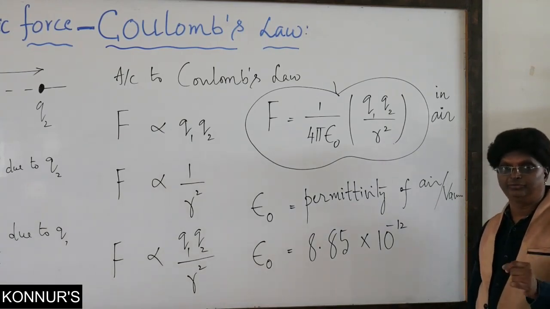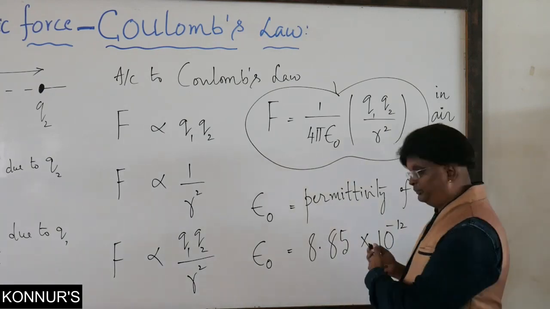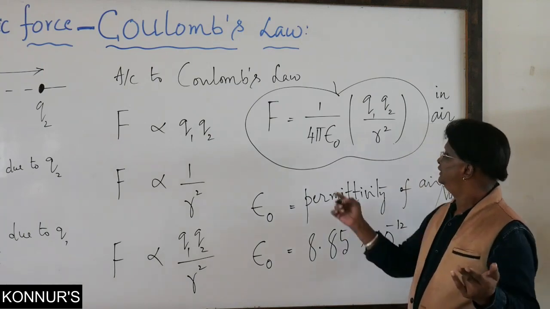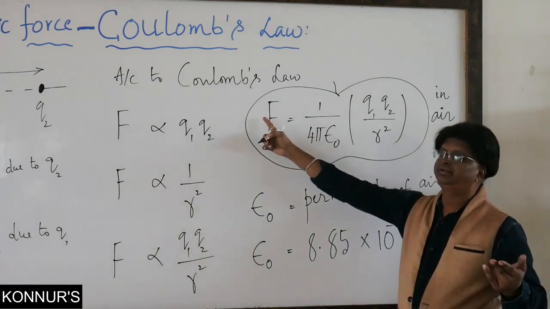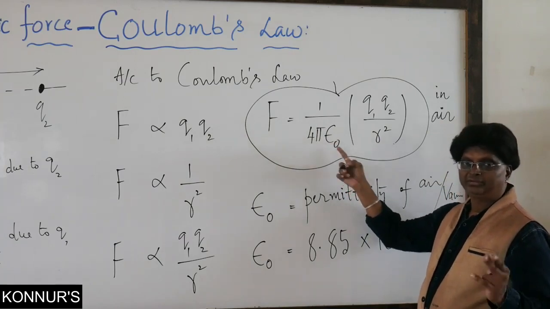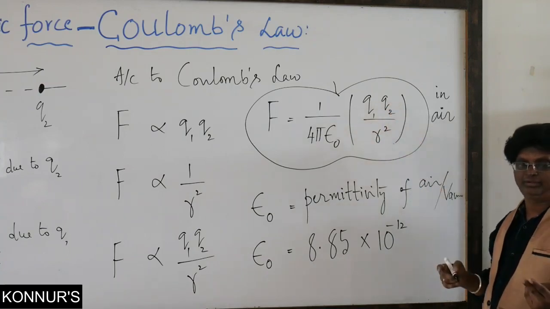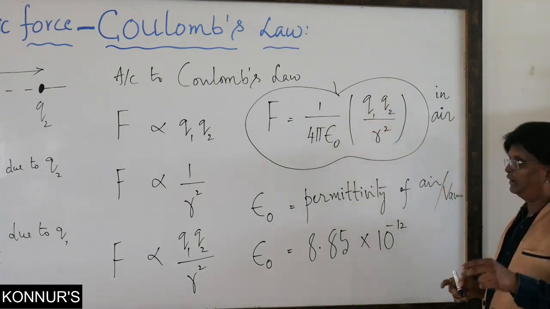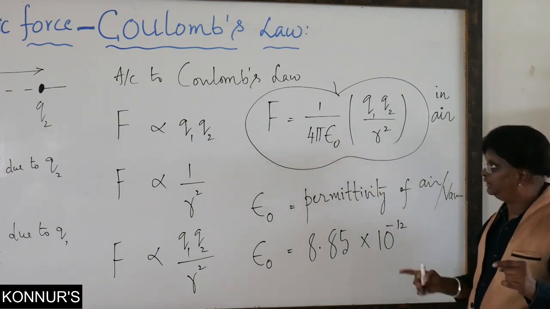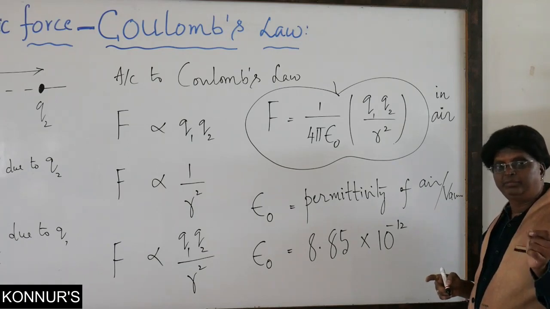Now here comes the unit. I could mention the unit straight away, but it is of no use. You can derive it: take epsilon naught to one side and F to the other. The numerator has charge into charge, that is Coulomb square. The denominator has force, which is Newton, and distance square, that is meter square.